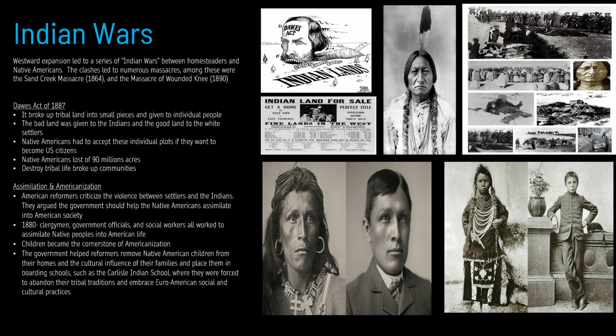Through doing that, you just have to be good, you farm your land, act American, assimilate into the white man's culture, and after 25 years of proving yourself, you will get the land ownership and you'll get your citizenship rights. You'll become American after you prove yourself for 25 years.